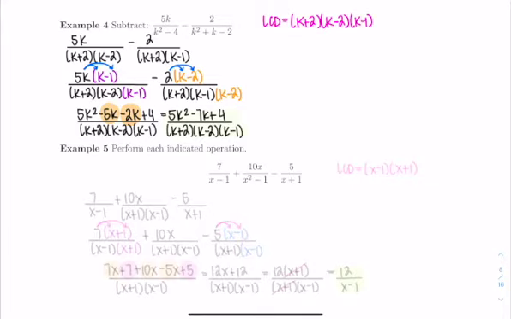You always want to see if you can factor the numerator to see if we can cancel anything out with the denominator. In this case we can't, so we're just going to leave this as our final answer.